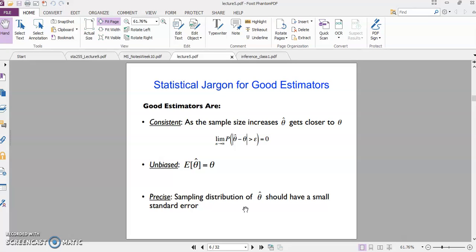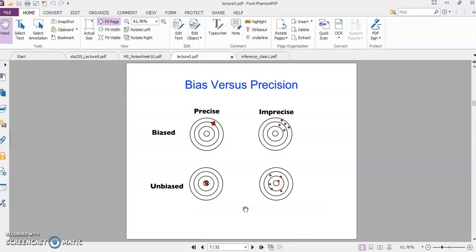Then you call the sampling distribution of theta hat a precise estimator, right? So now this is the visualization of biased, precise, imprecise, unbiased, precise, unbiased, imprecise all together, right?